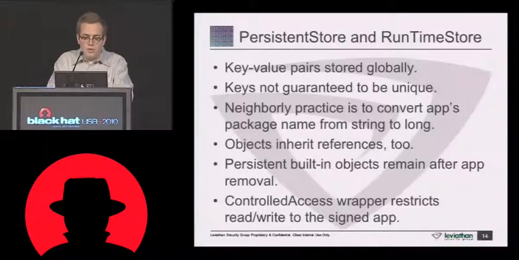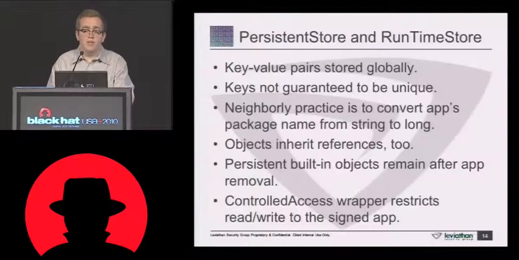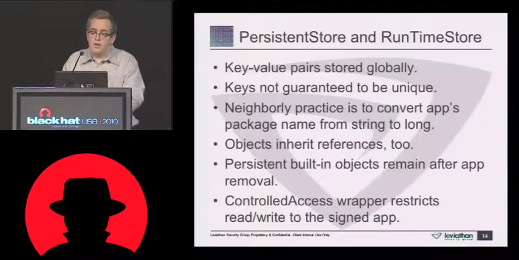So in Blackberry's documentation, they say, well, the polite thing to do is make sure that your keys are predicated based on the package name of the application you're setting, and then tack on whatever unique value you want there. And then you convert that to a long integer and use that as your key. It's a neighborly practice, but it's not very resistant to a determined attacker who can simply iterate over every persistent object that's been stored and get all of their values.